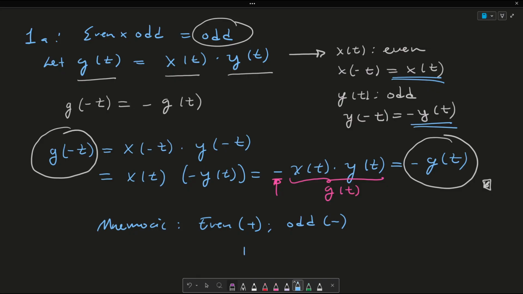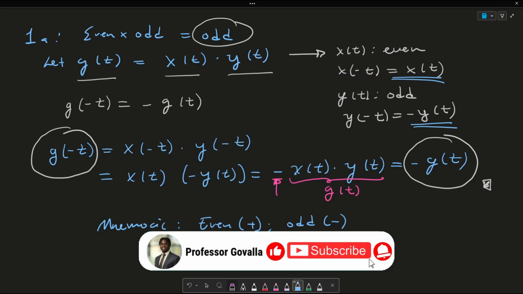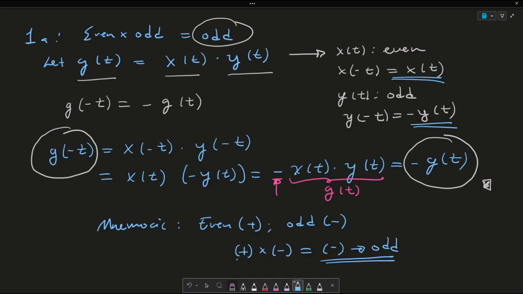So plus times a minus is equal to a minus, which is an odd. This is simple multiplication: a positive times a negative is a negative. I hope this makes sense. I'm trying to talk about it slowly so that everybody understands.